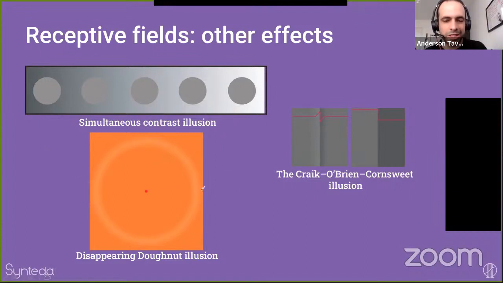We have other illusions here, like the donut illusion. If we look at the center, over time, this donut, this circle here, will disappear because of the changes over time.